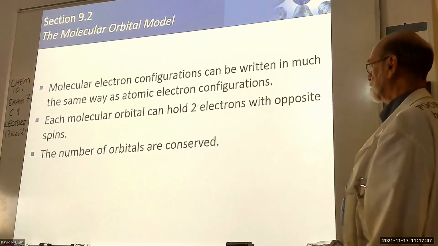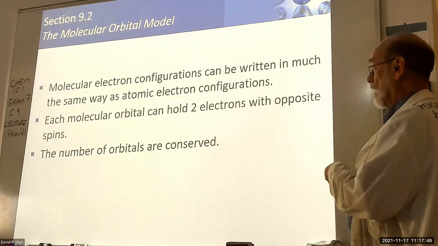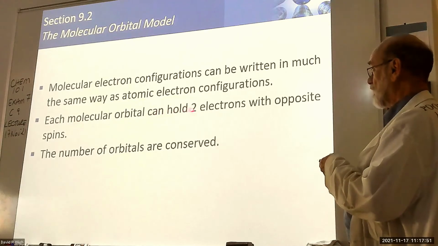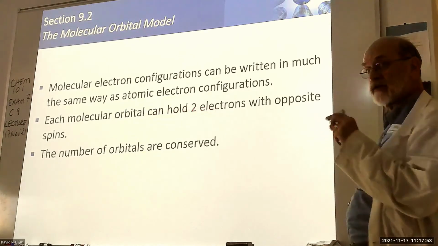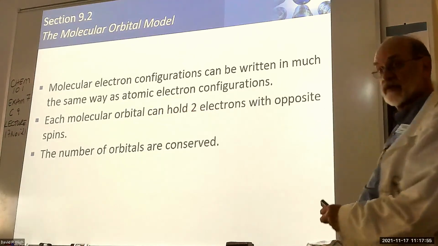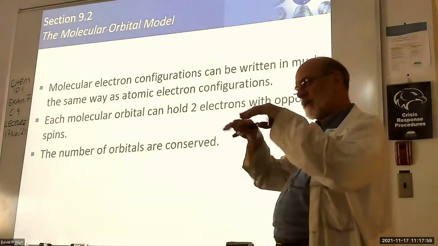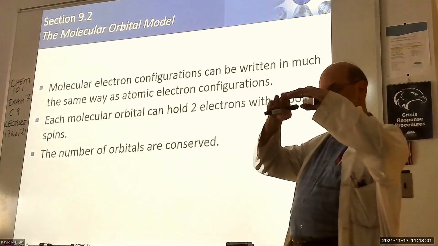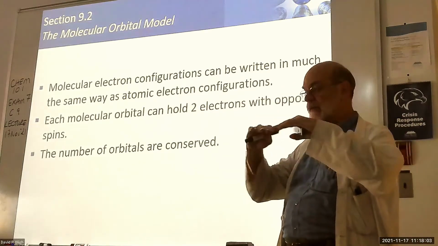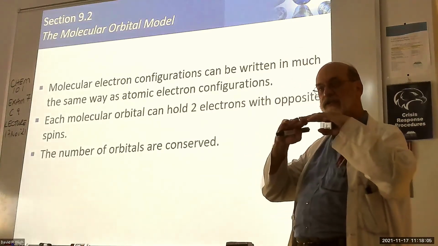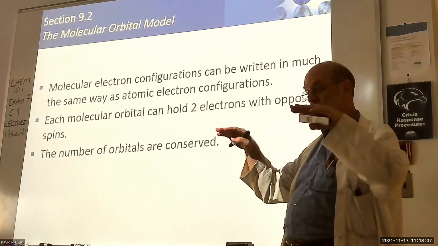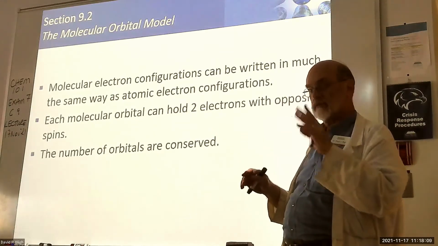All right, all molecular orbitals are just like atomic orbitals, only 2 electrons each, with opposite spins. And if you have, like I said before, several, either bonding or anti-bonding, doesn't matter, if they're all degenerate, same energy level, then you fill them with Hund's rule.